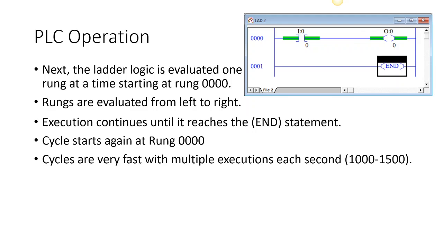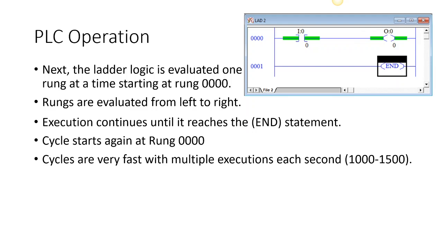Okay. This scan sequence happens very quickly. For our purposes, for the small programs that we're going to be writing, it's going to be happening about 1,000 to 1,500 times per second. That's how fast we're going to be executing. Now, you think that's really fast.